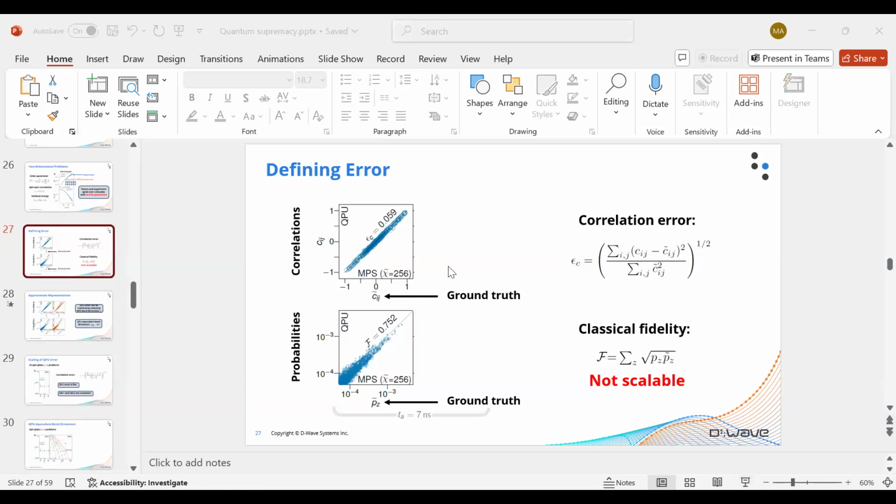Okay, because when you talked about the limitations of the PEPs for simulating to larger times, you showed how with bond dimension you cannot reach the limit of the QPU.